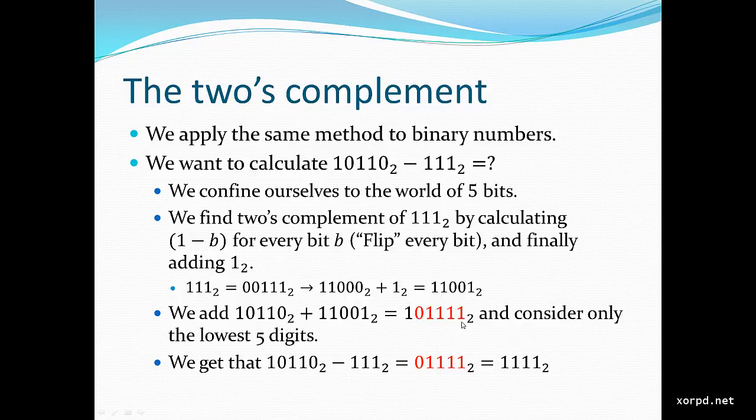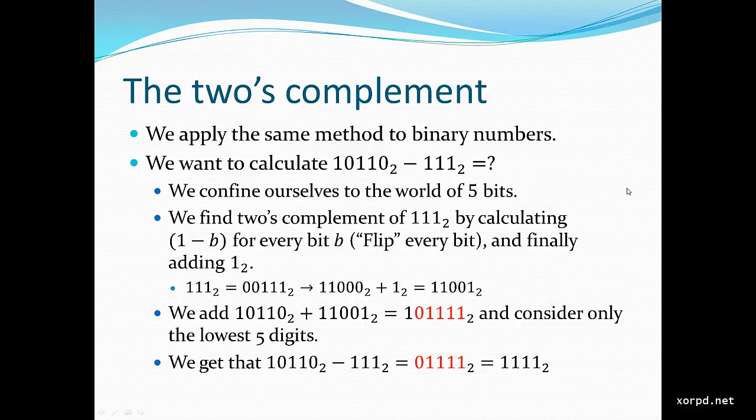As usual, we are going to consider only the lowest 5 digits, because we decided to work in the world of 5 binary digits. This is going to be our result. We get that 10110 minus 111 in base 2 equals 01111 in base 2. We had this leading 0 here, and we can just remove it and stay with this result.